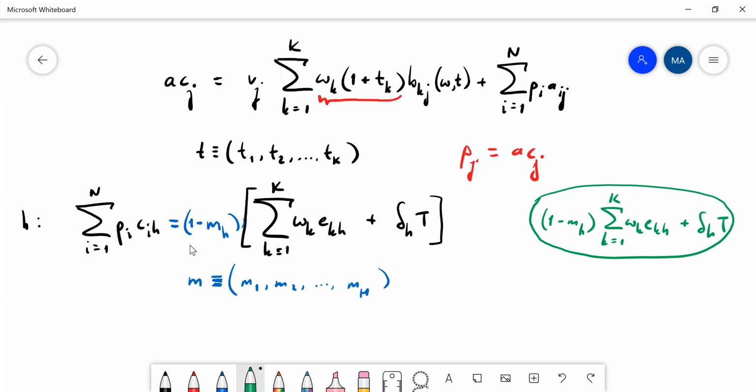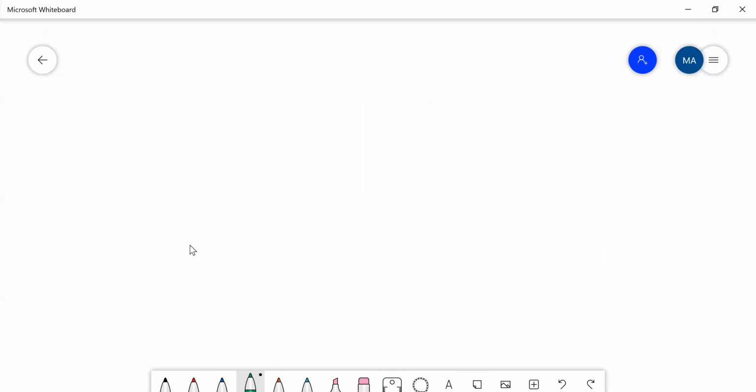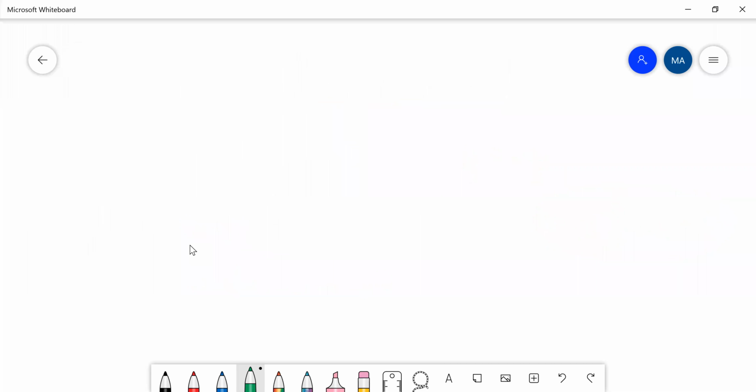Okay, now if you do the rest, now let me directly write the equilibrium conditions. So you have Y equals, there is now this total demand. Let me just write it in this way.